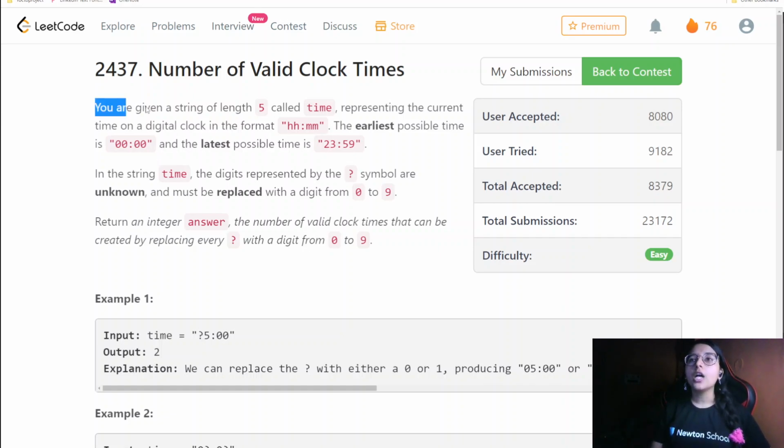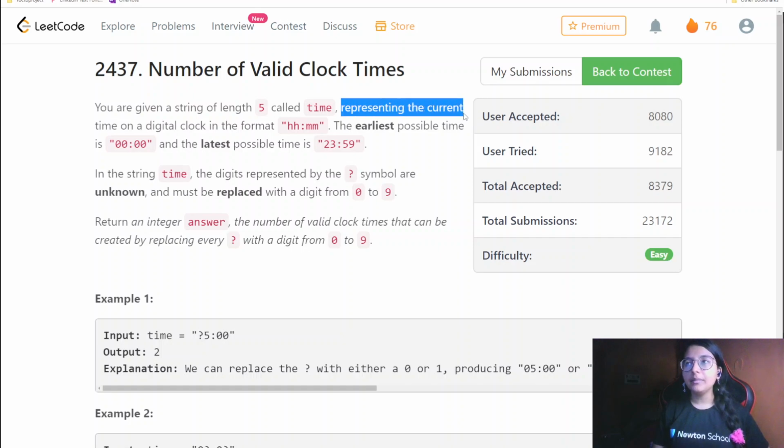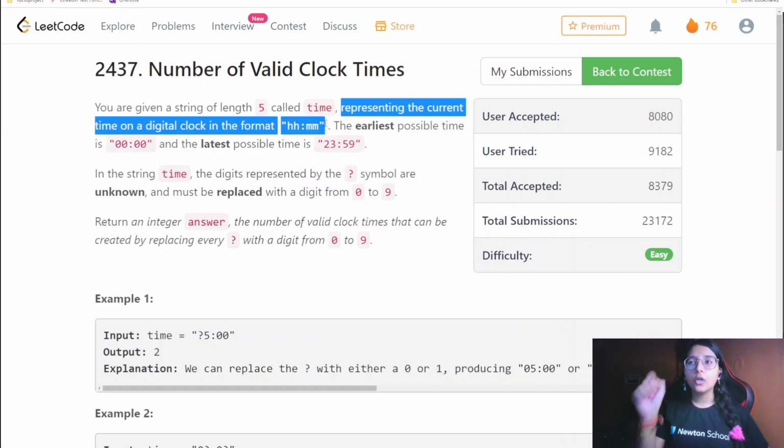So here you are given a string of length 5. So they have already defined the length of the string which is being given to us. We can check here: 2 digits, then a colon, and then 2 digits, right? It represents the current time on a digital clock in the format hour colon minute.